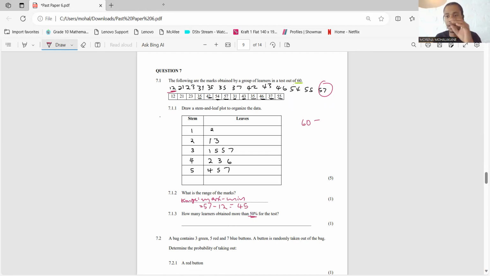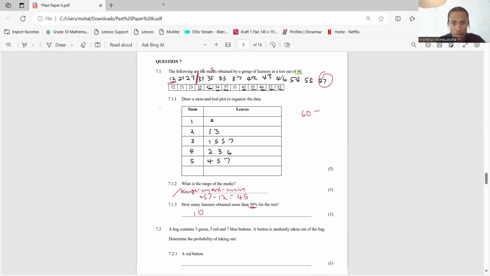So I'm going to look at learners that have gotten a mark above 30. Here they are, more than 50%. 1, 2, 3, 4, 5, 6, 7, 8, 9, 10. So you have 10 learners that got above 50%.